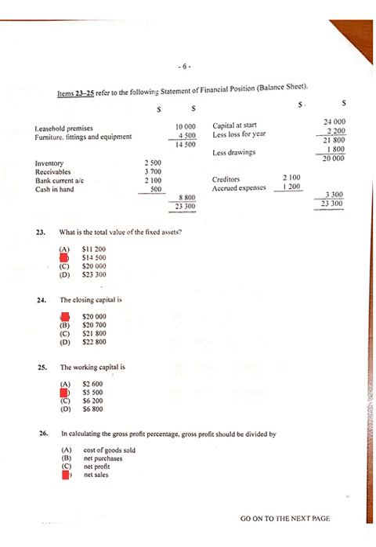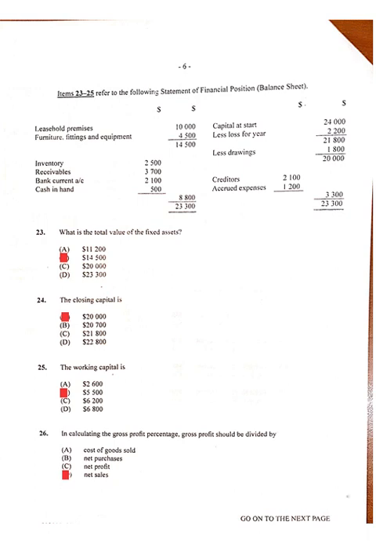When we add that together with the 14,500, we get the balance on this side of 23,300. Then capital at start 24,000, less loss for the year 2,200, giving us 21,800. Then less drawings of 1,800, giving us $20,000, and then our current liabilities, which is creditors 2,100, and accrued expenses 1,200, a total of 3,300. So on that side we have a total of 23,300.